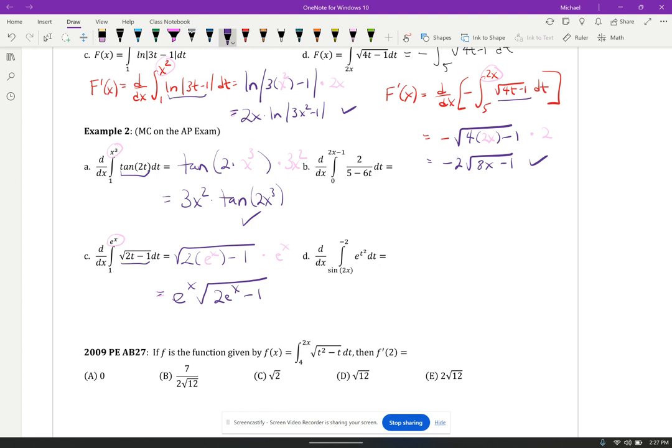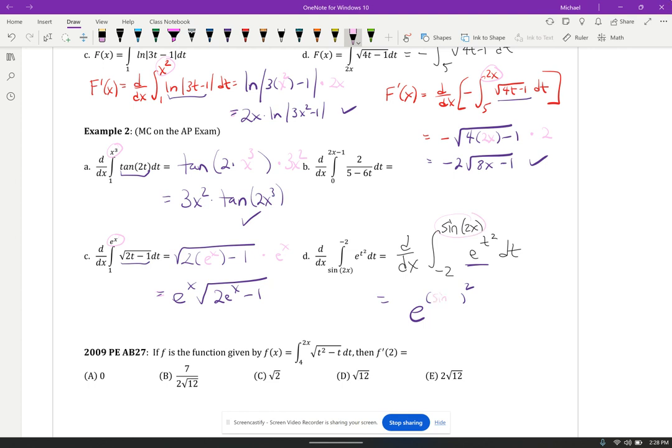Let's do letter D here. I notice that the constant is not on the bottom, so I'm going to fix that. And then we're going to take the derivative of the integral. So that means I'm going to be left with the function. But be careful. E to the something squared. Well, what's that something? Sine 2x.